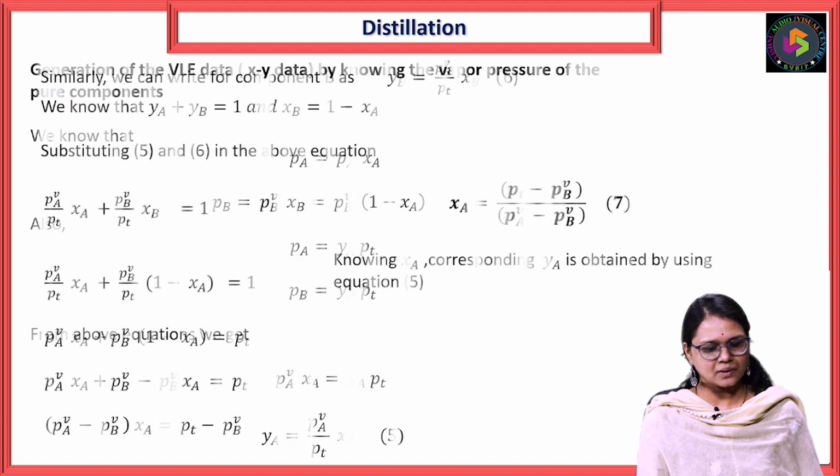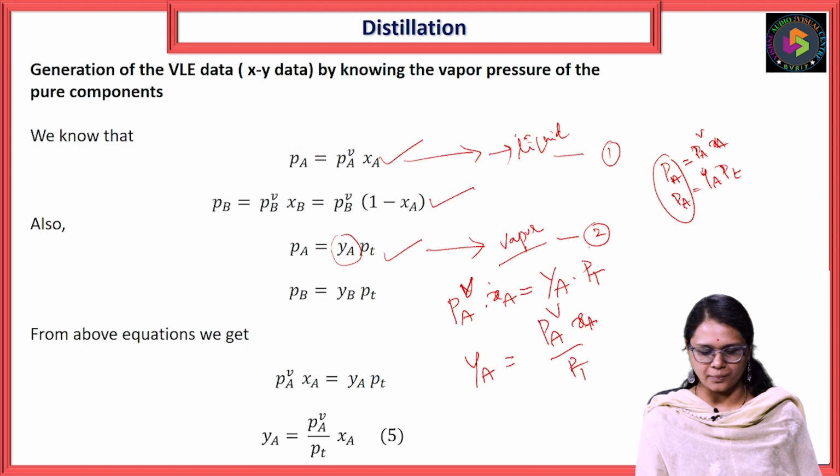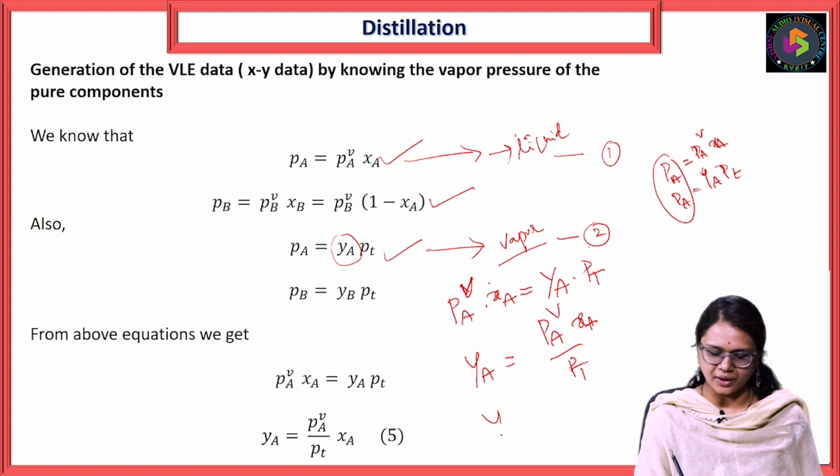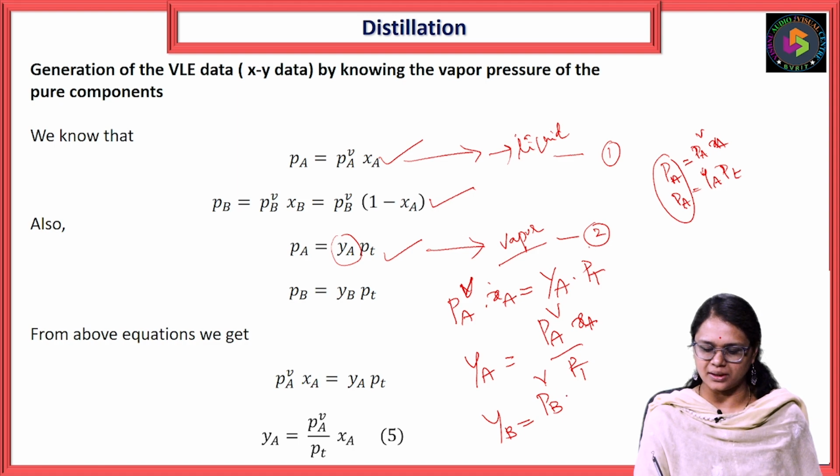Okay, similarly, I can write it for the component B. YB will be equal to, in place of A I'll write B, as I'm writing about component B, PBV XB by PT. PT is the same.